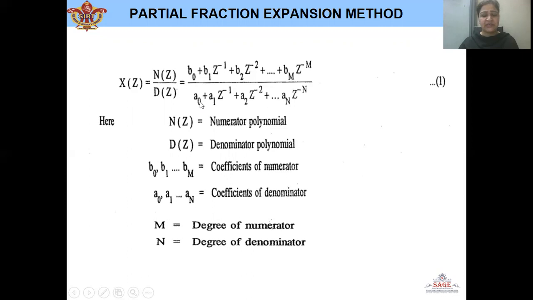The denominator is represented by a0 plus a1 z inverse plus a2 z raised to power minus 2 till an z raised to power minus n, where a0, a1, a2 till an are the coefficients of the denominator. Here, capital M is the degree of the numerator, whereas capital N represents the degree of the denominator.